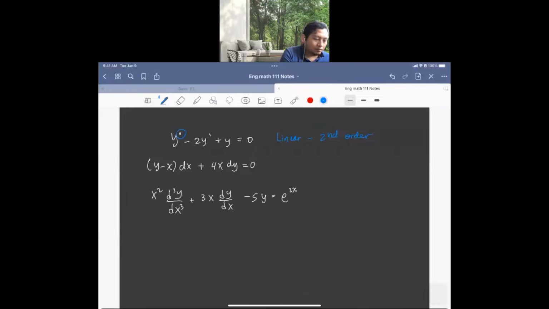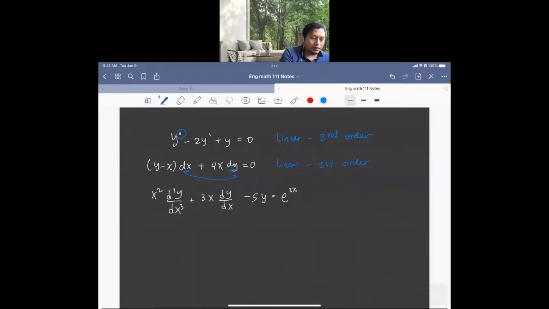The second part, we can rewrite this and we see that we are having just first order, and nothing is wrong with this, so this is also linear and first order.